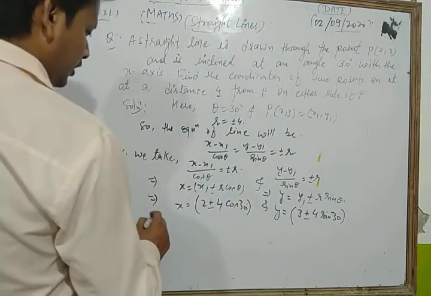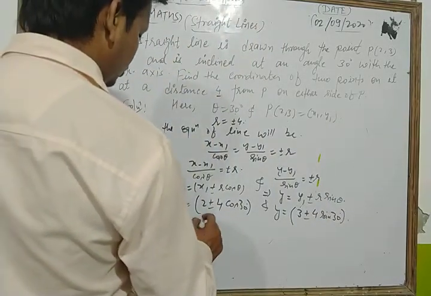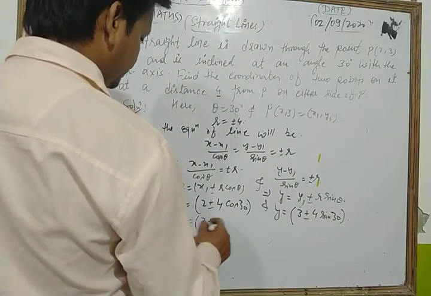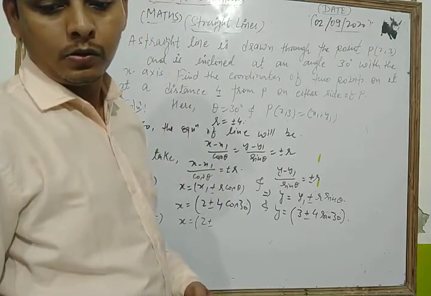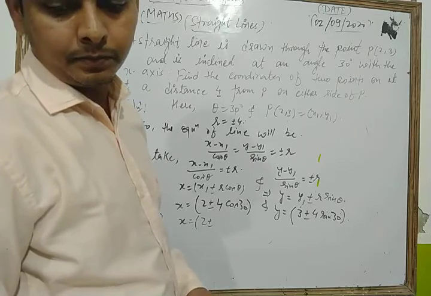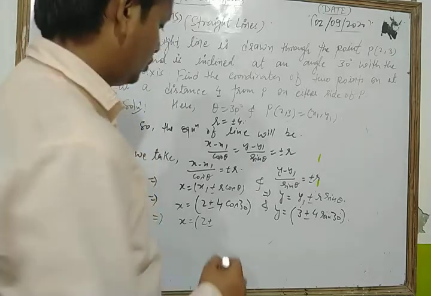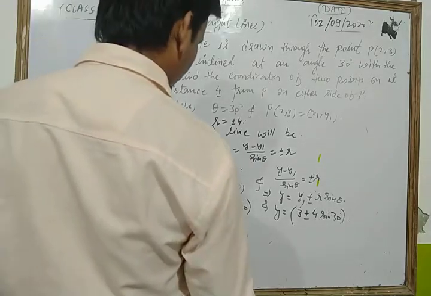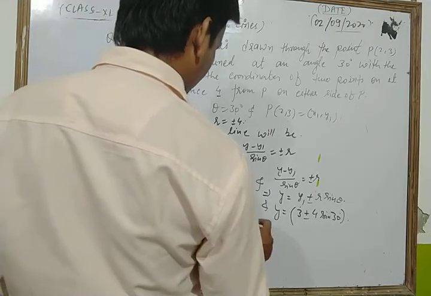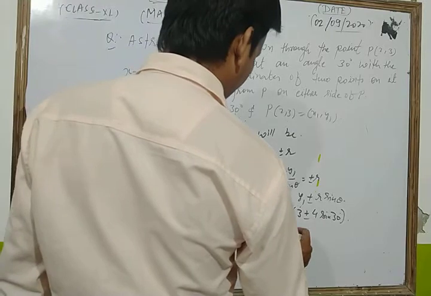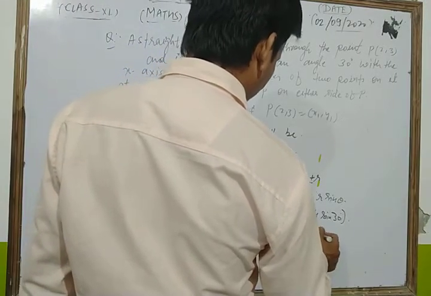Now after solving, we get x equals 2 plus minus the value of cos 30, which is root 3 by 2. So we put root 3 by 2 into 4, and for y we have plus minus 4 times 1 by 2.